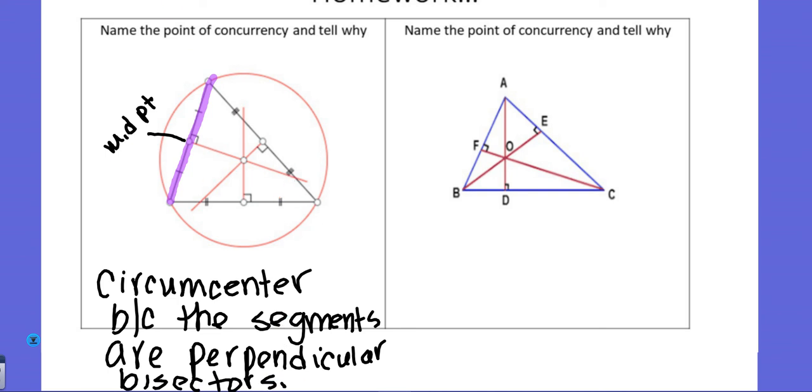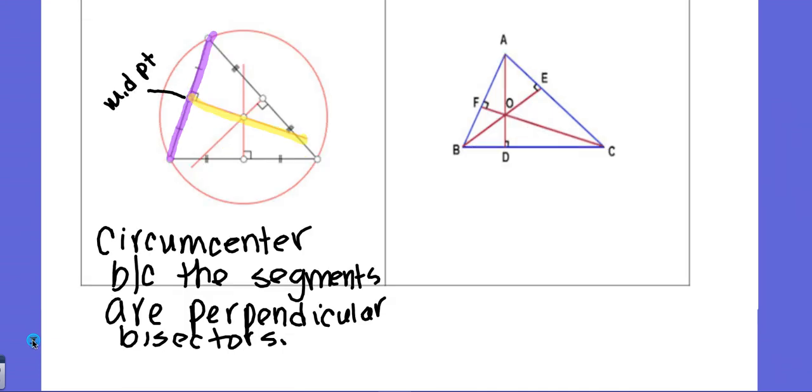Let me highlight them. These yellow lines right here go through the midpoint of the line segment, and they cross that line segment at a 90-degree angle. There is also something else that's interesting about the circumcenter. This center right here is equidistant from its vertices. That's why we draw a circle on the outside.